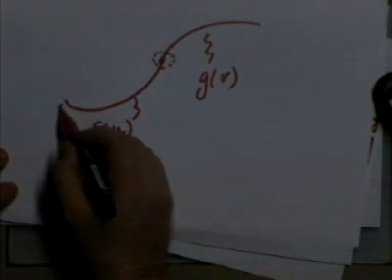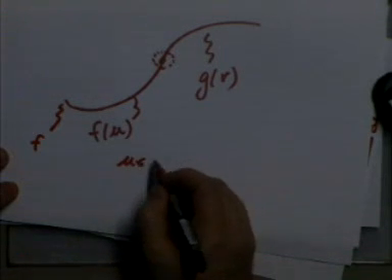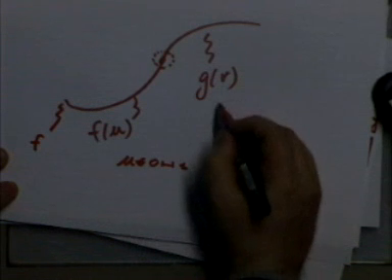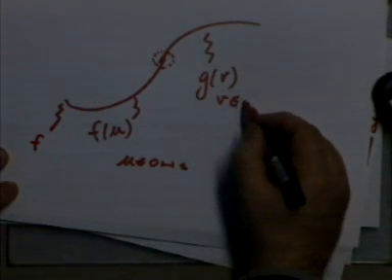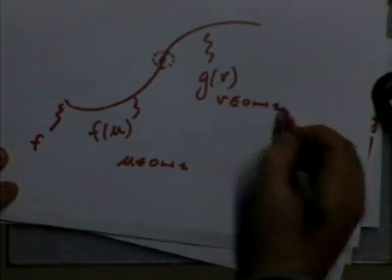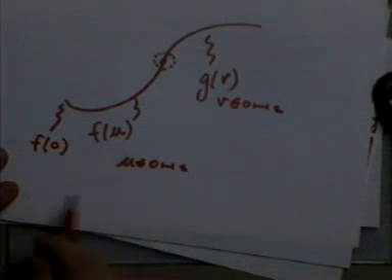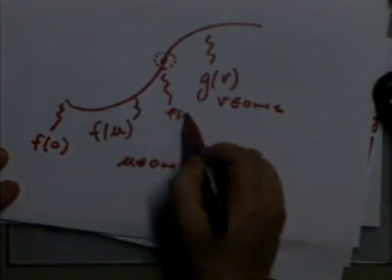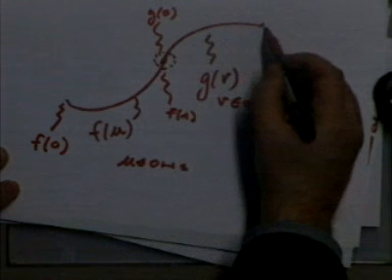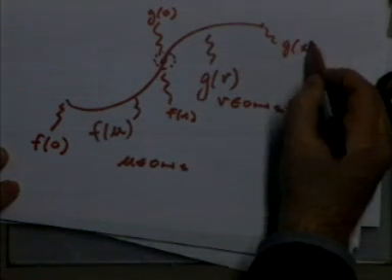Here we have u belonging to 0, 1, v belonging to 0, 1. Here we have F0, here we have F1, here we have G0, here we have G1.